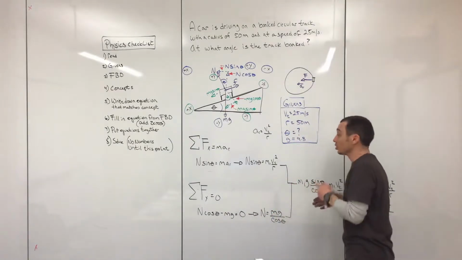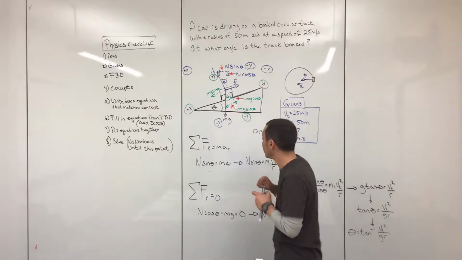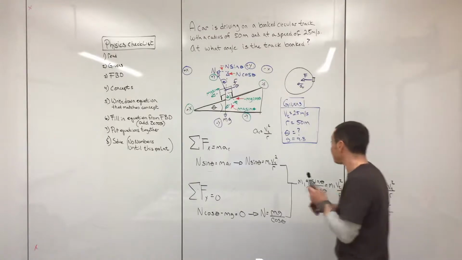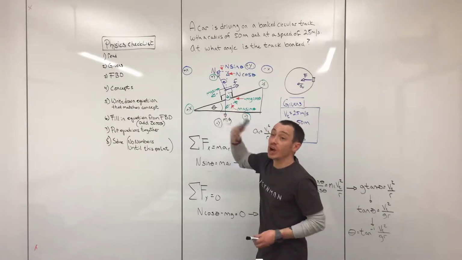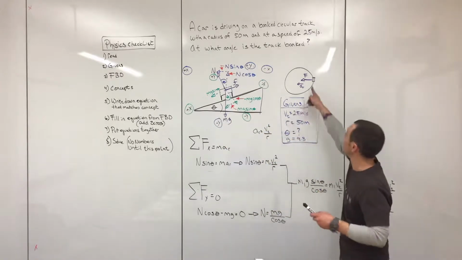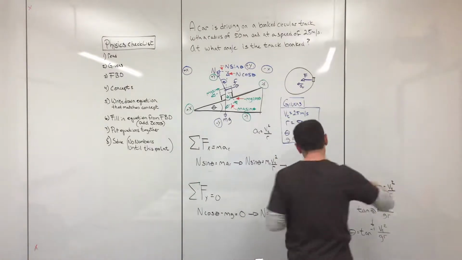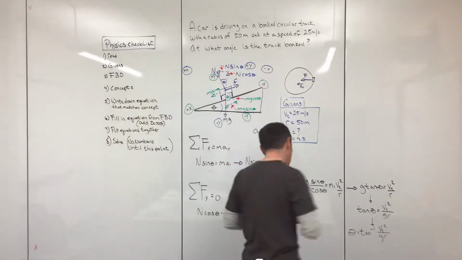Well, the concept we need to apply for circular motion is that we're looking for a force towards the center of our motion. Anytime we're moving in a circle, there's always going to be some sort of net force towards the center of our motion, whichever way we're turning.